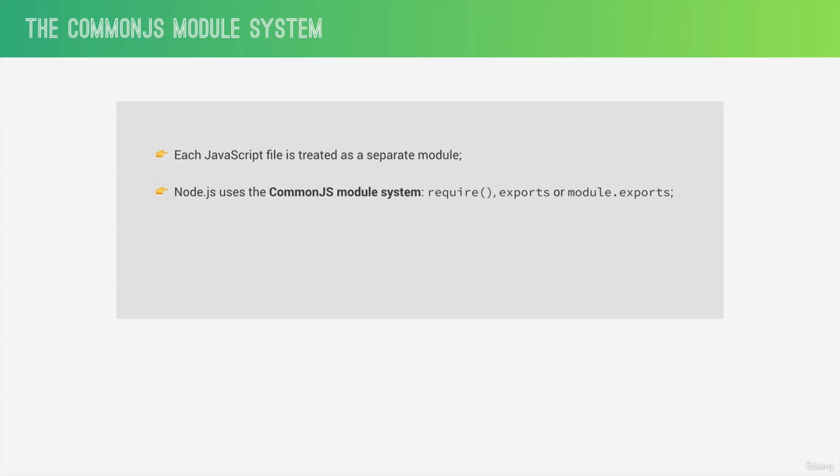Now, there's also the native ECMAScript or ES module system that you might already be familiar with, especially if you took my complete JavaScript course or if you have been writing JavaScript on the front end lately. And this ES module system that I was talking about was developed to work in the browser using the import-export syntax.